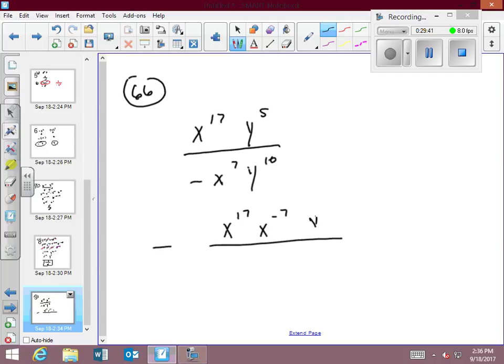Then it's y to the 5th, and you're going to bring up that y to the 10th, so it's y to the minus 10. So now it's going to be a negative x. Do we have to put the 17 minus 7, or can we just write 10? y to the negative 5, right?